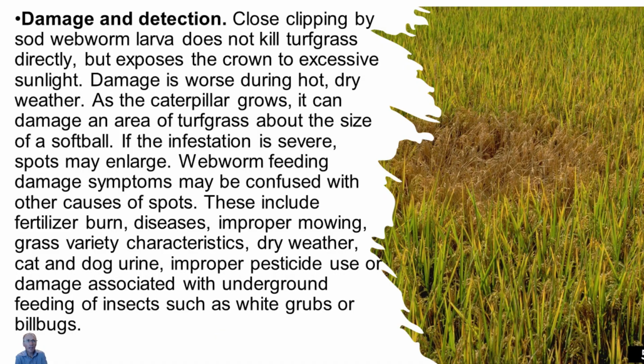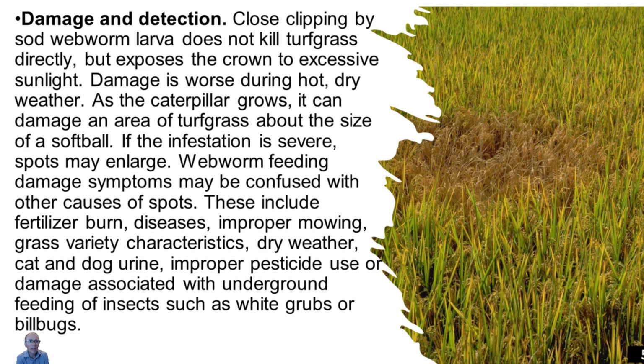Damage and detection. Close clipping by sod webworm larvae does not kill turfgrass directly, but exposes the crown to excessive sunlight. Damage is worse during hot, dry weather. As the caterpillar grows, it can damage an area of turfgrass about the size of a softball. If the infestation is severe, spots may enlarge.